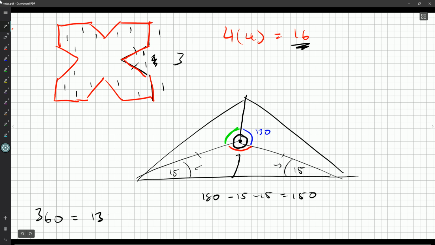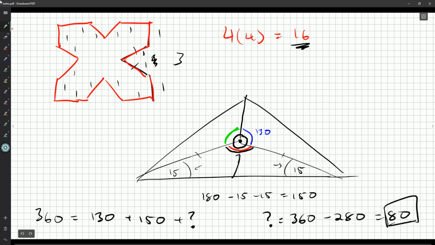So 360 is 130, the angle we're given, plus 150, the red angle that we found in this triangle, plus the unknown angle that we want to find. So our unknown angle is 360 minus 280. And so the angle we're missing is 80. And there we go.